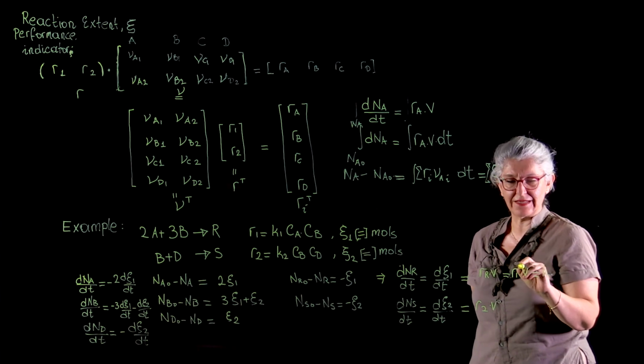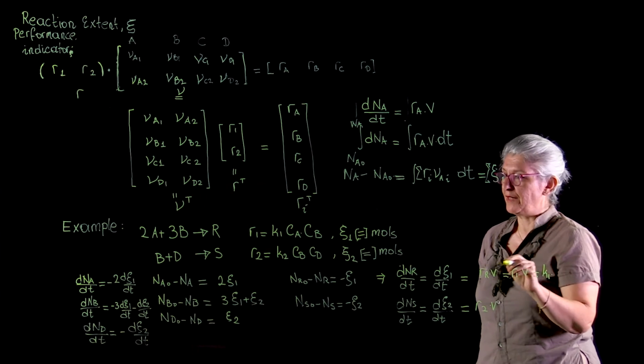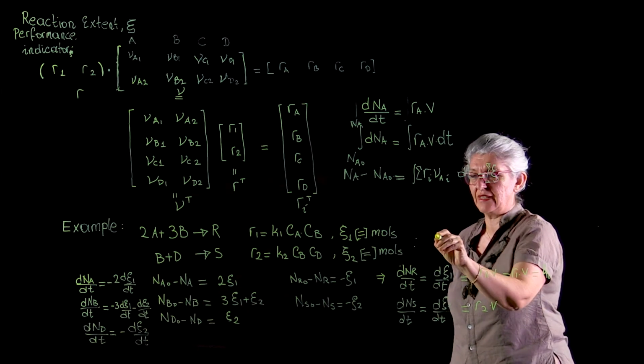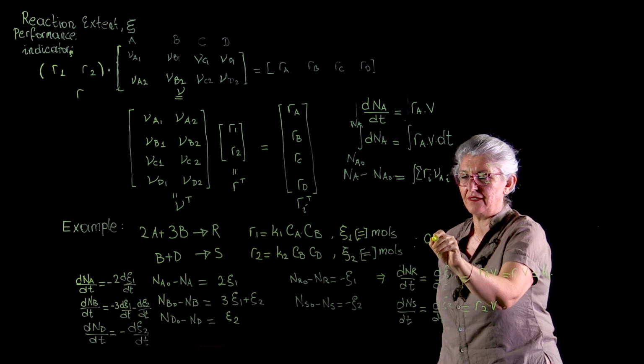Ca is Na over V. Let's make sure that we have the note here that this is a constant volume reactor.